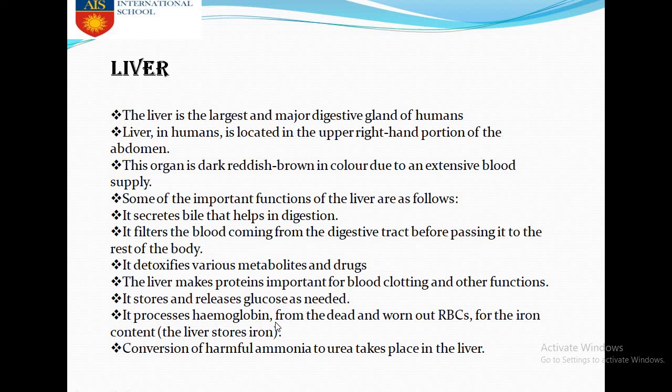It processes hemoglobin from the dead and worn out RBCs. We have read that RBCs are destroyed in the liver. It processes hemoglobin for the iron content, and conversion of harmful ammonia to urea takes place in the liver.